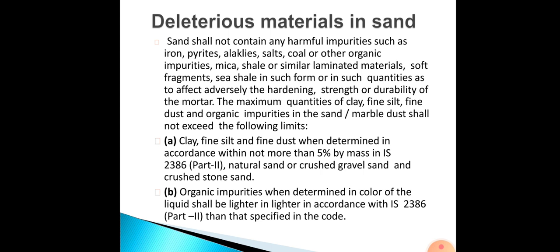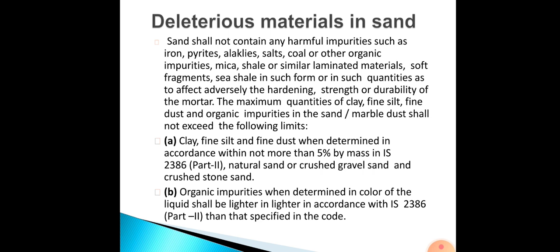Then coming to the deleterious materials present in sand, the sand used for construction should not contain harmful impurities like alkali, iron or salt or any other organic impurities, because that will adversely affect the strength and durability of the mortar or concrete you prepare using sand.